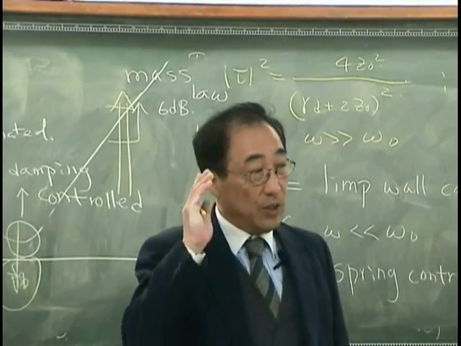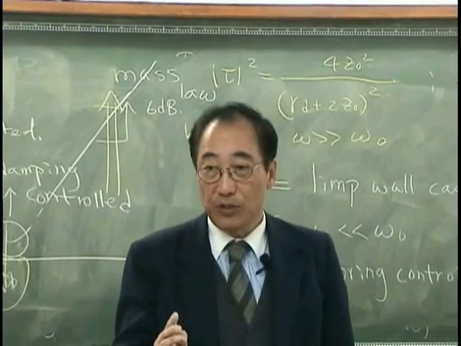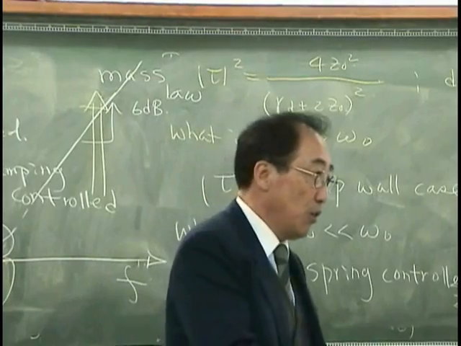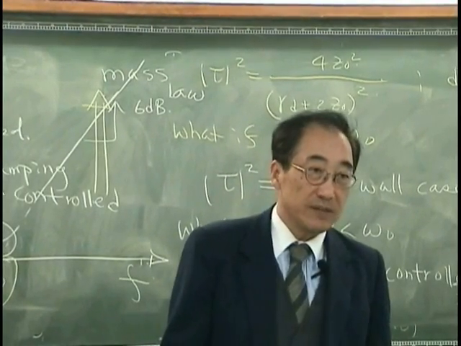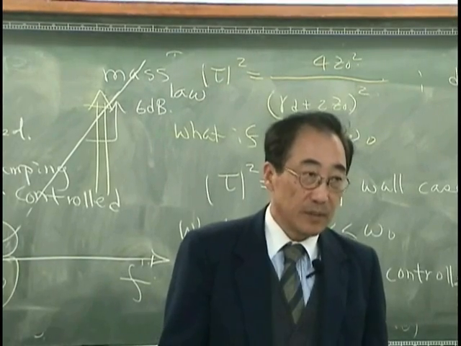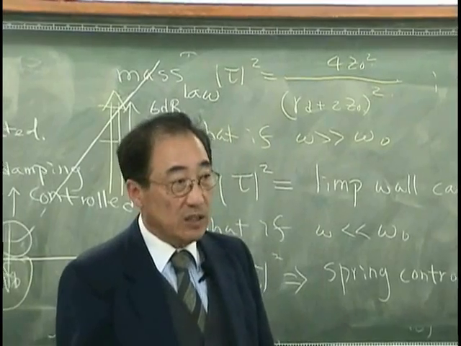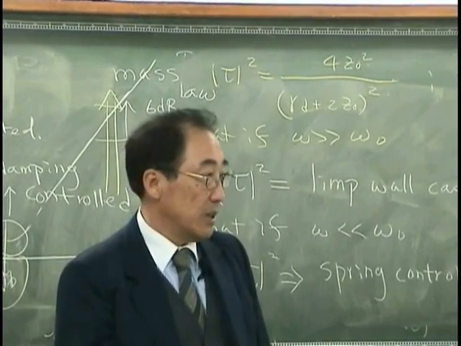If the frequency we have to control is well above the natural frequency, we use the mass law. If it is well below the natural frequency, we use the stiffness control concept. And the text provides the detailed procedure to derive the result.